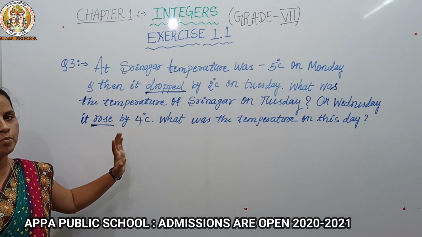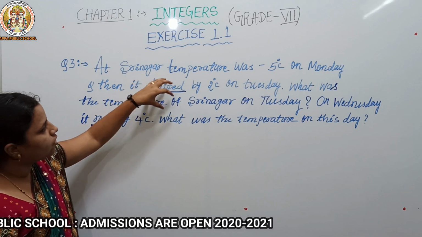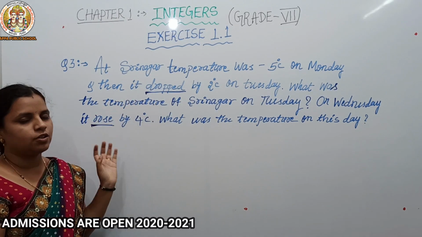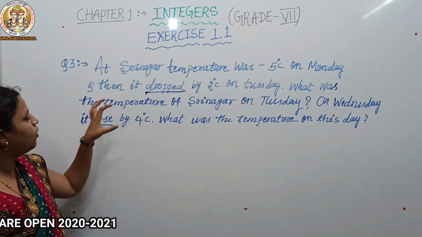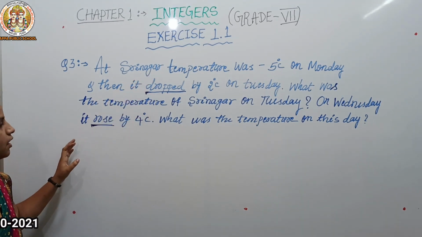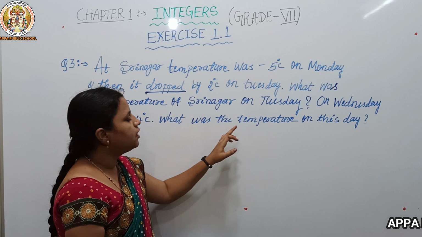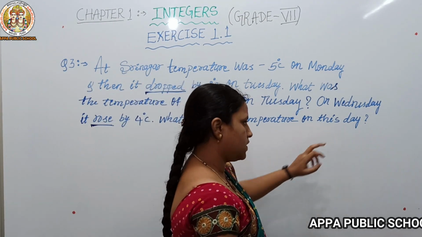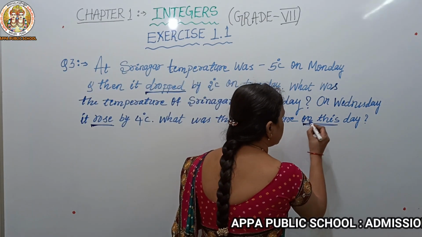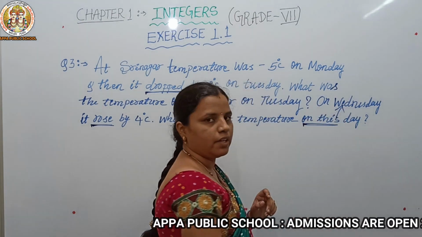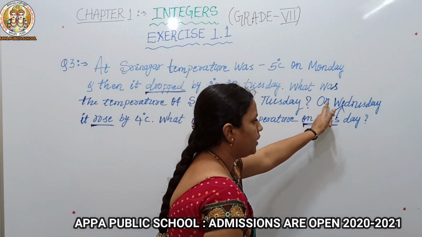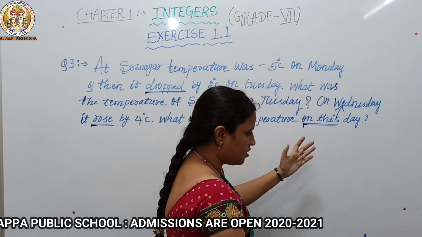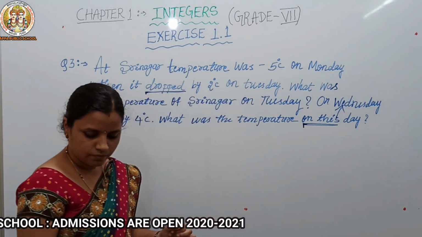Rose means it is plus. Please see the words whatever you are using in the question. Understand the meaning of these words. Then what was the temperature on this day? On this day is nothing but Wednesday. We are talking about Wednesday now. So on this day means it is Wednesday.